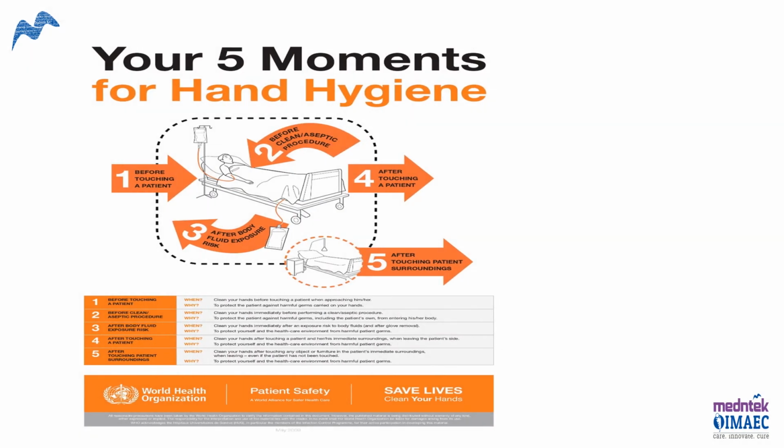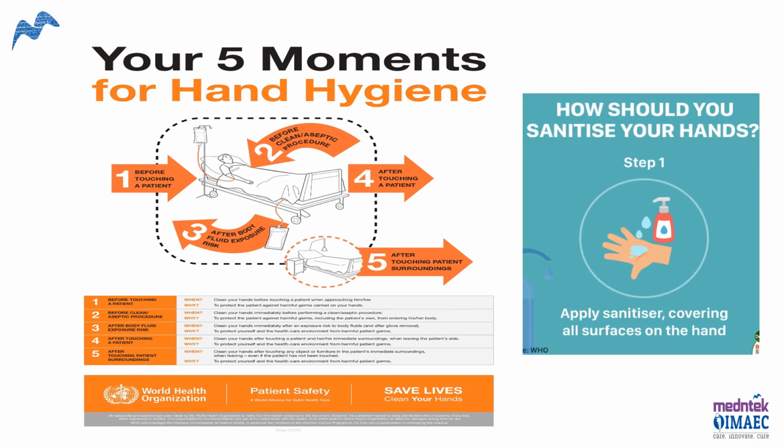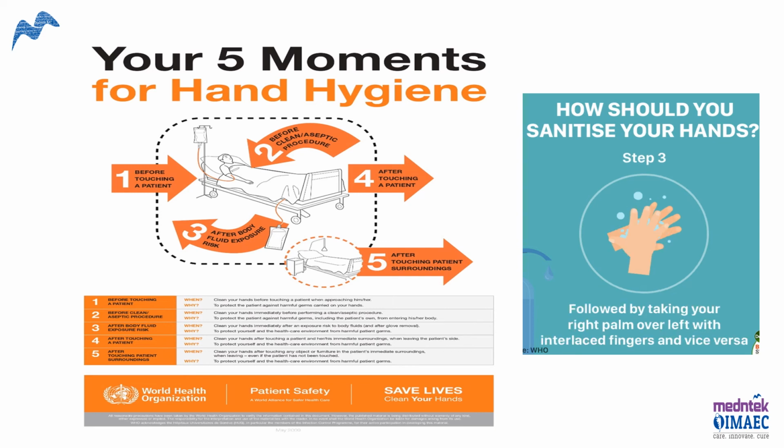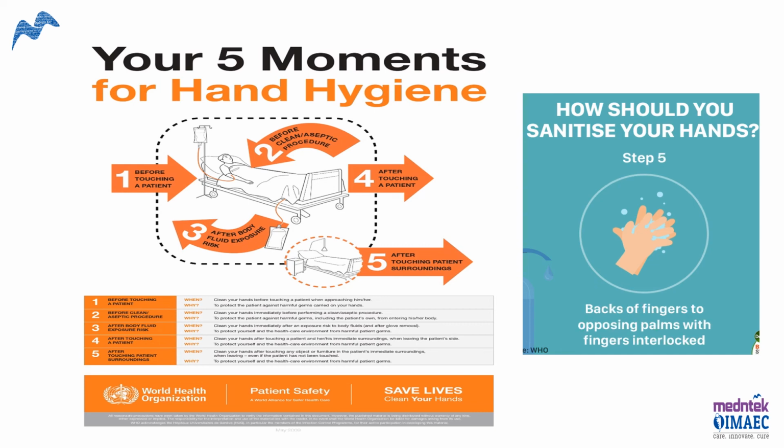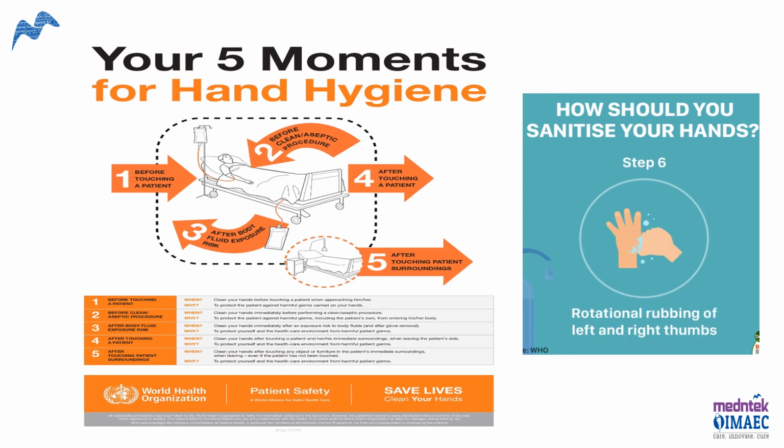Now, WHO has given the 5 moments for hand hygiene and 8 steps to perform the hand rub. So, before touching a patient, you need to perform the hand hygiene. Before any kind of a clean or aseptic procedure, you need to perform the hand hygiene. Once you are exposed to any kind of a body fluid of a particular patient, then you need to perform hand hygiene.